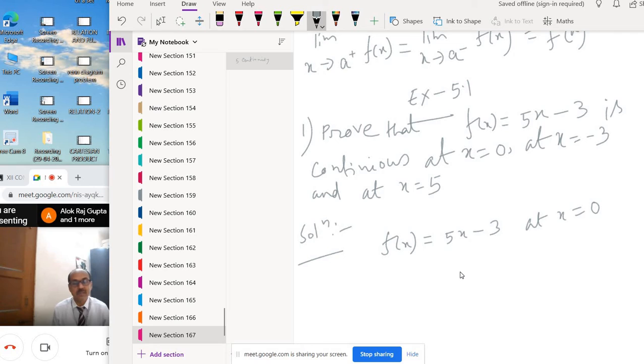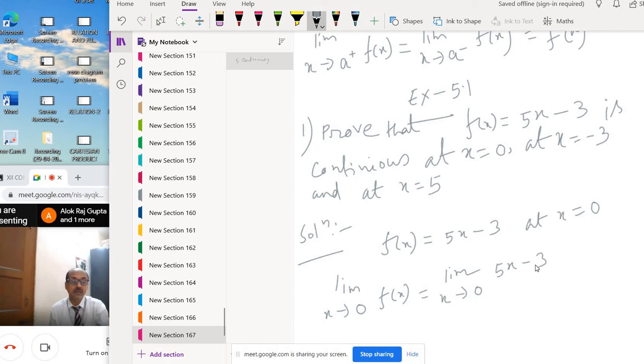That means in both cases, 0 plus or 0 minus, the function is the same, 5x minus 3. So the limit as x tends to 0 of f(x) equals the limit as x tends to 0 of 5x minus 3.